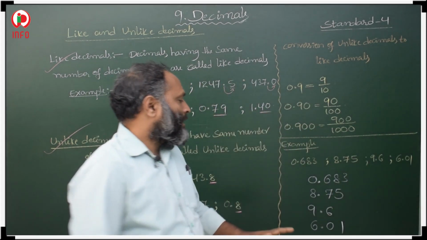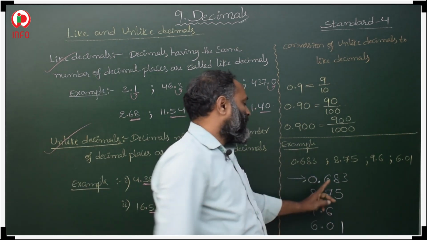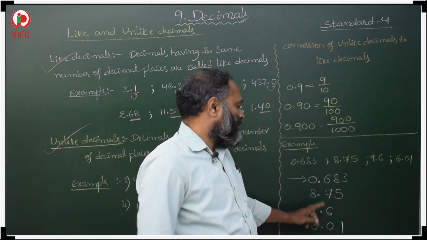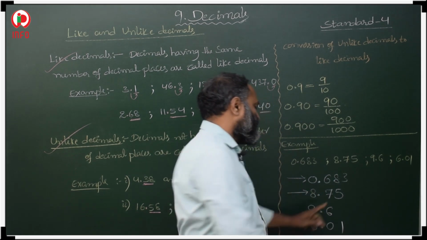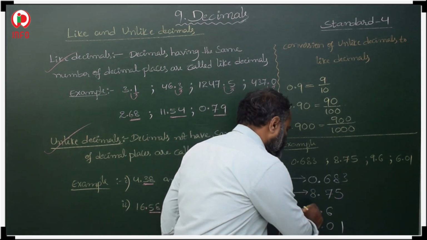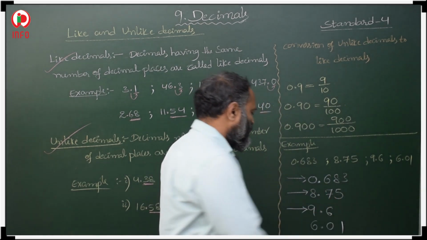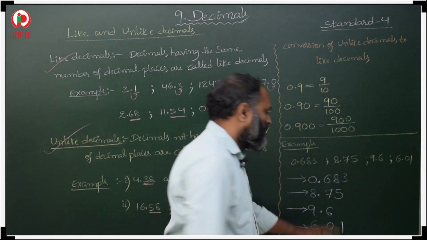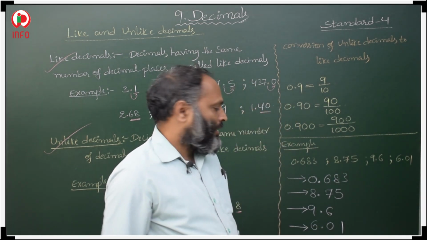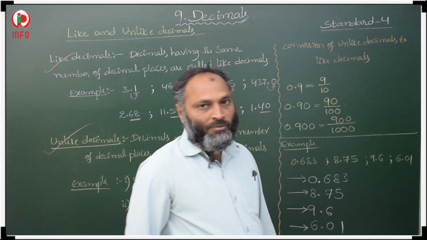In the first decimal we have 3 decimal places, in the second 2, in the third 1, and in the fourth 2. So the maximum is 3 decimal places.